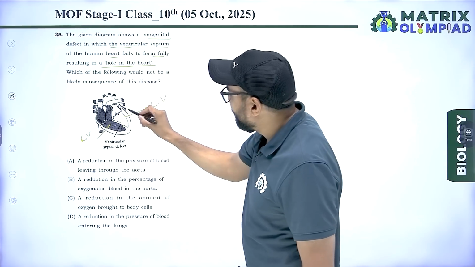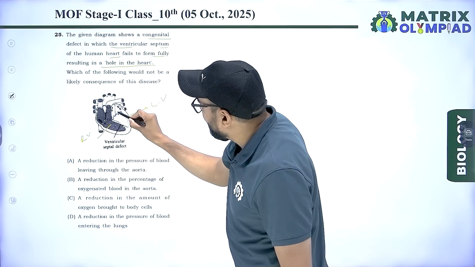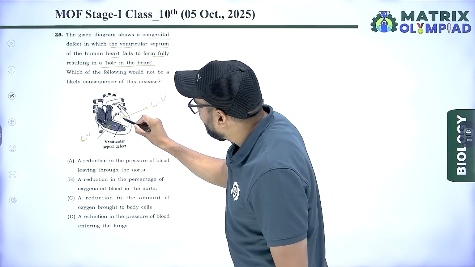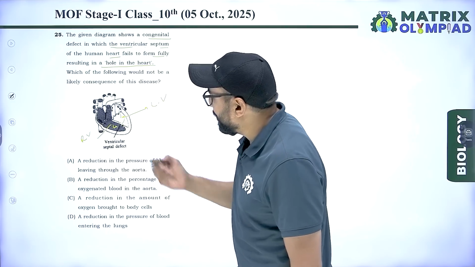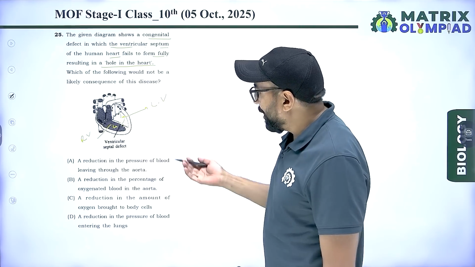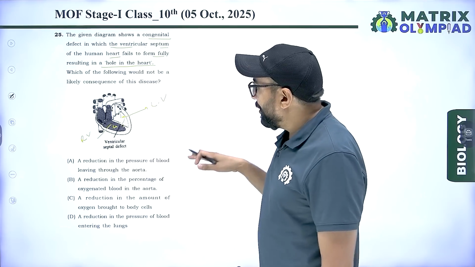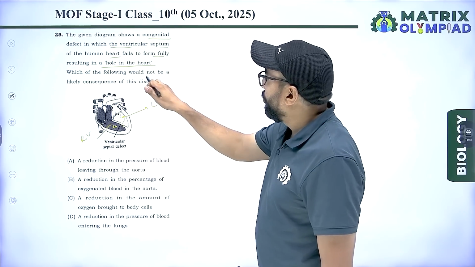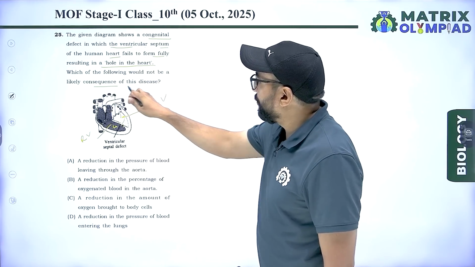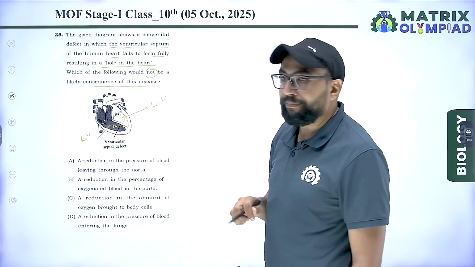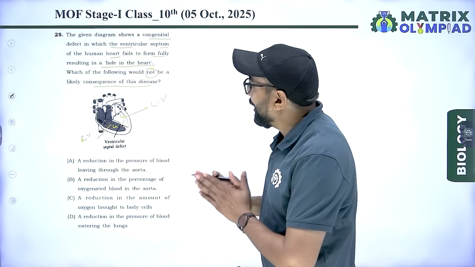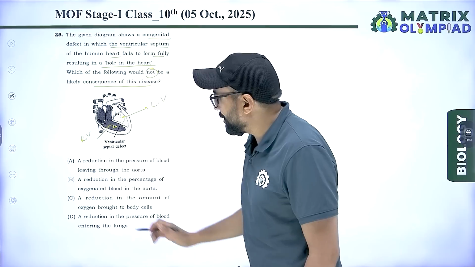In this case, oxygenated blood mixes with deoxygenated blood and pressure reduces. Which of the following would not be a likely consequence of this disease?